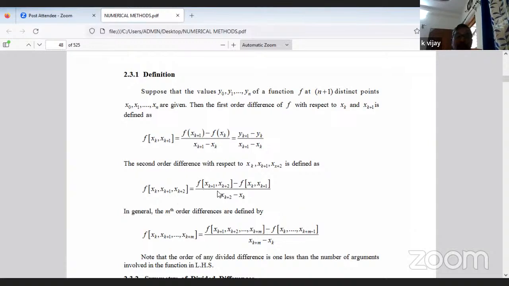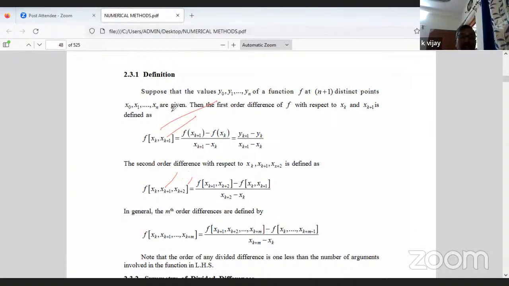In the second step, f of xk plus 1, xk plus 2 minus f of xk, xk plus 1; since the first has two values, we subtracted xk plus 1, xk. So the denominator here is xk plus 2 minus xk.